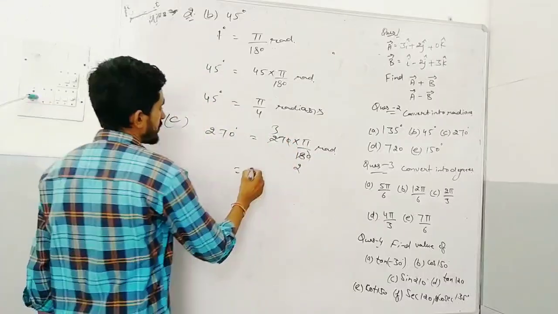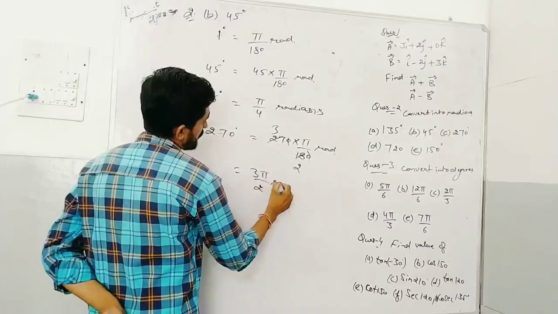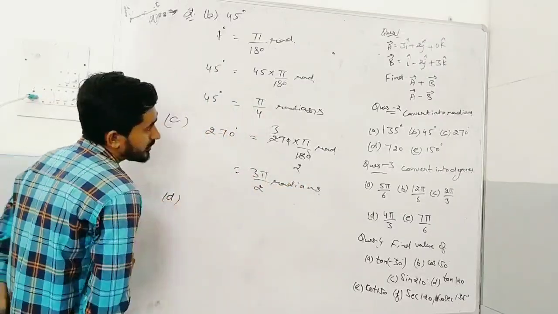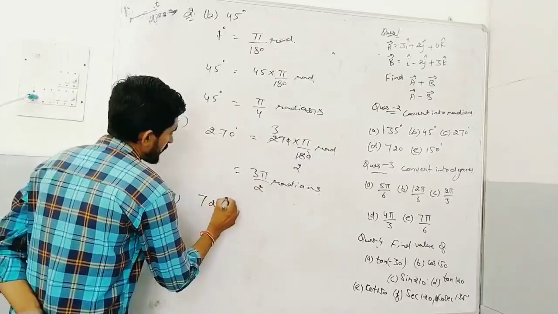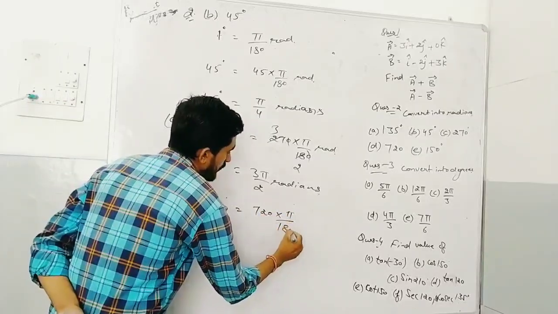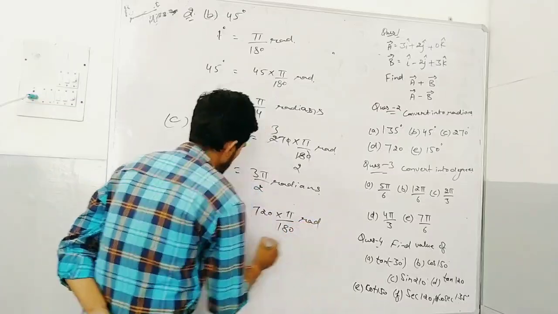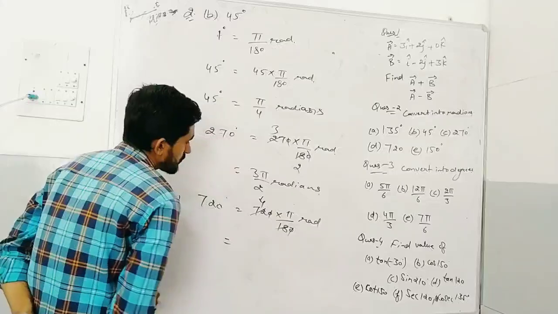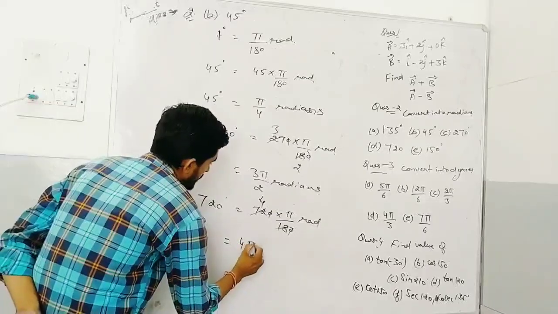This gives me 3 pi upon 2 radians. What is the D part? D part is 720 degrees. 720 into pi upon 180 radians. What does this give? Cut 4, this is 4 pi radians.